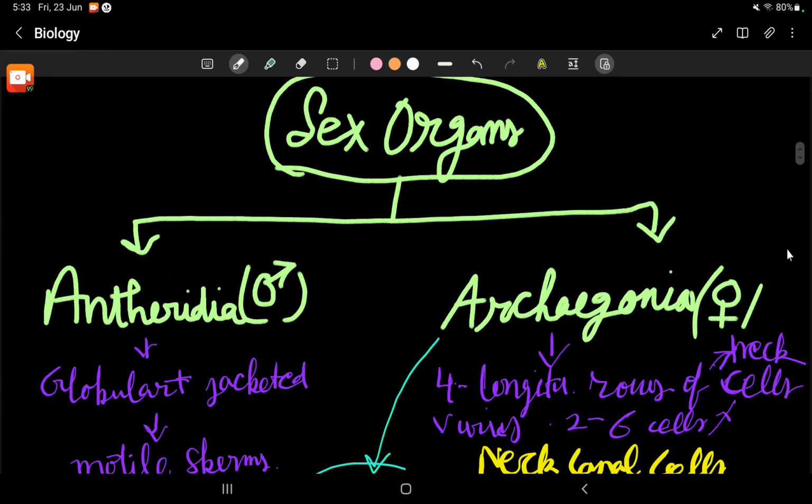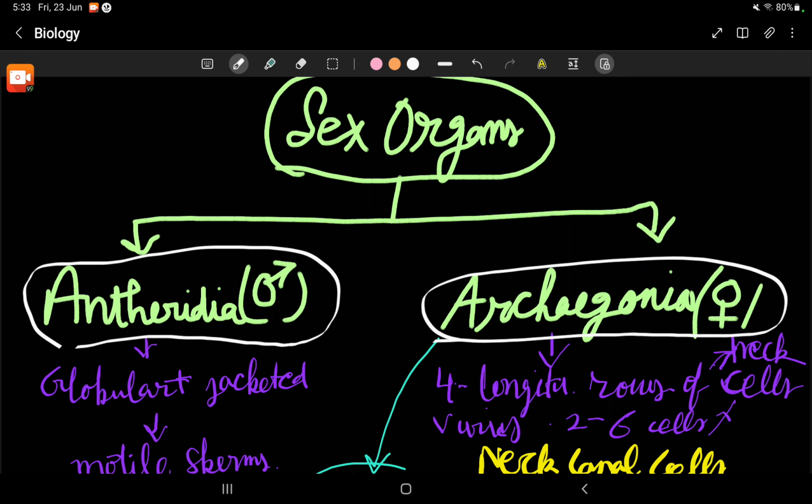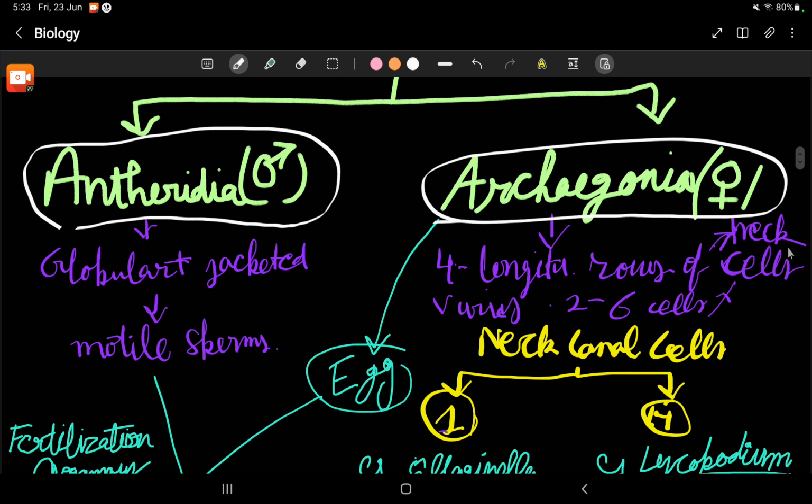Next, about sex organs. The male sex organs are antheridia while the female are archegonia. These are globular, jacketed, and form motile sperms.